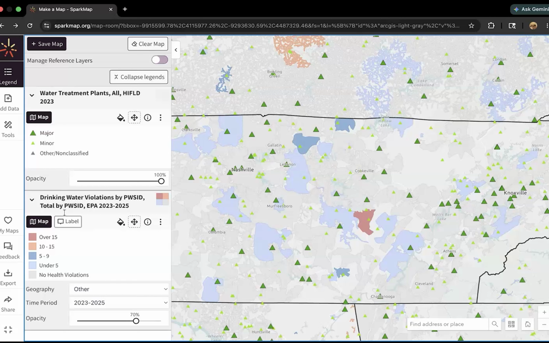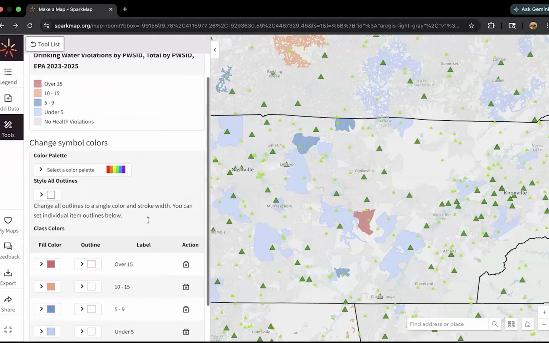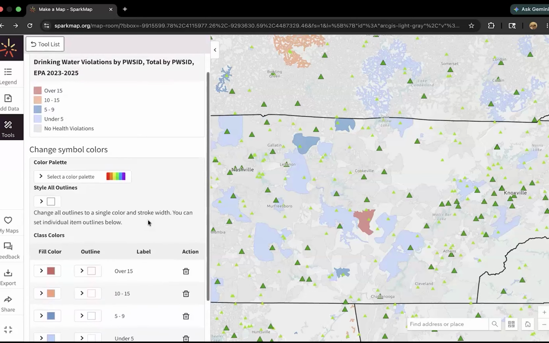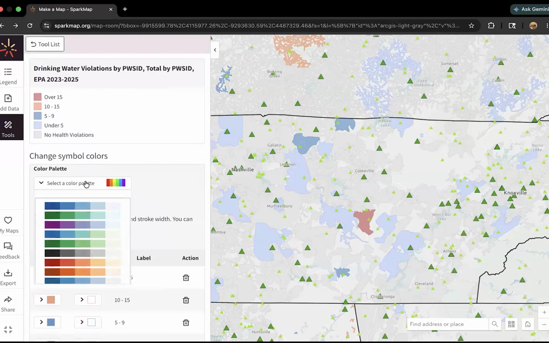And so with any map layer, to change your colors you are going to click this little paint bucket symbol over here on the legend. And then a little customization panel is going to open up for you. And so from here, you can select an entirely new color palette if you like.